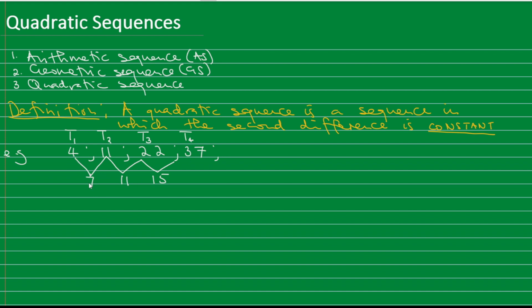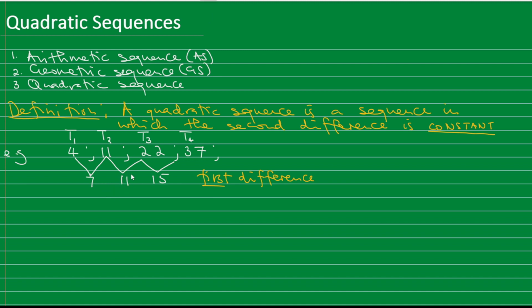We can go on and on, but for now we have these four terms. This row of numbers that we have written, our differences, we call the first difference. So this is a row of first differences, a set of numbers that we got after subtracting the first time. Now we repeat this process and subtract again.